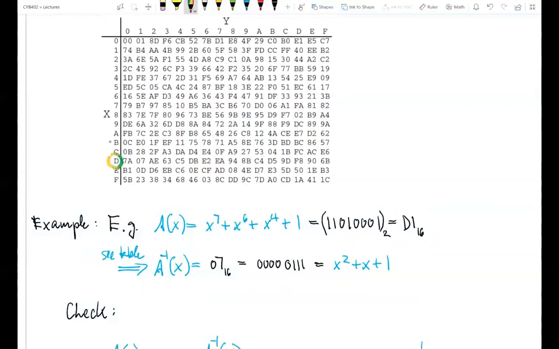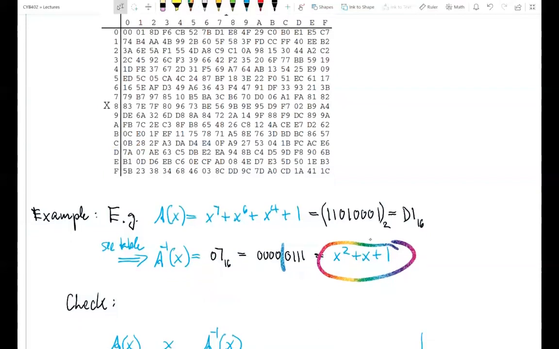D is here, 1 is here, and the row and the column cross here. So we have 07, which is the hex representation of the inverse of A. So in other words, if we expand that again, we get this polynomial.